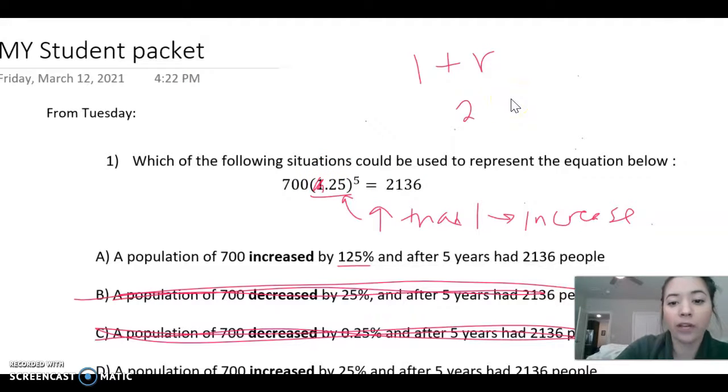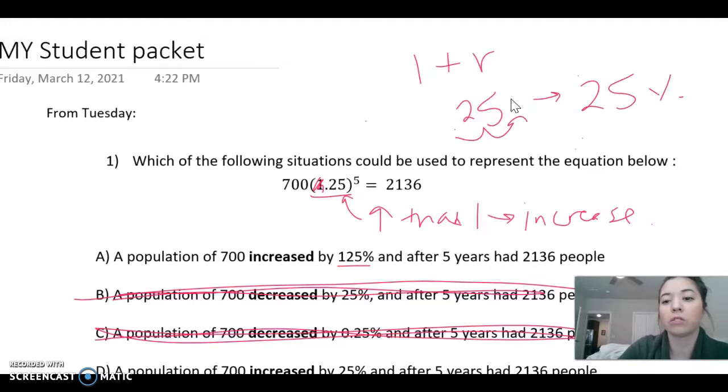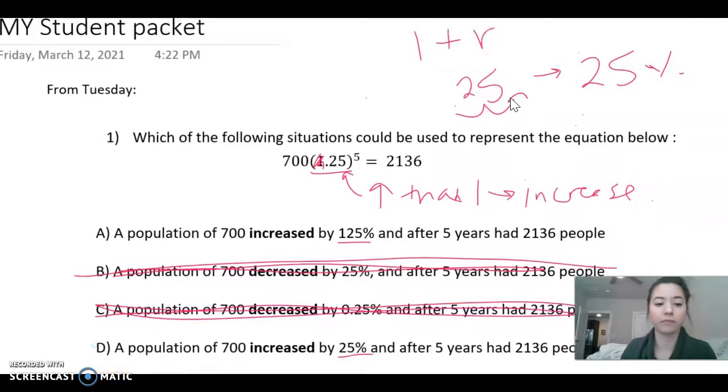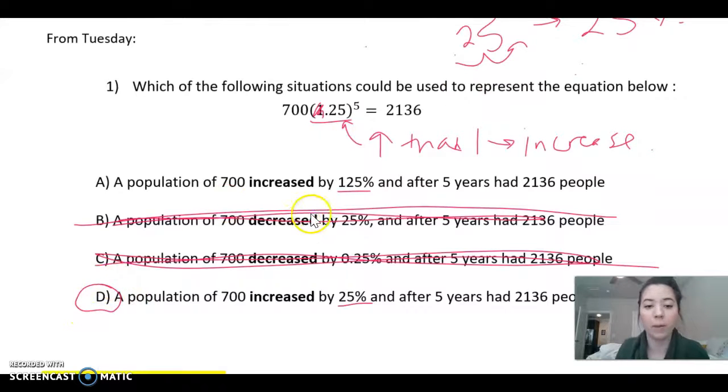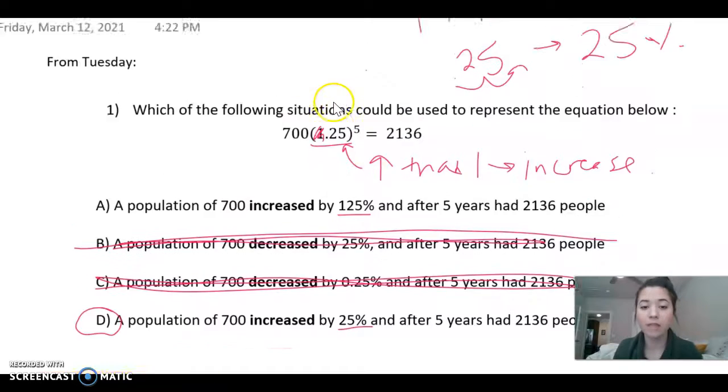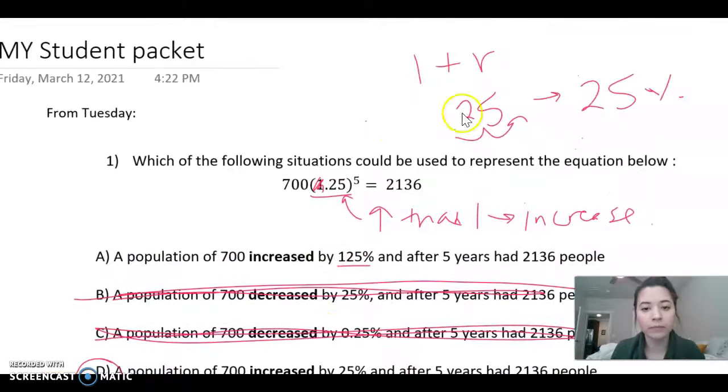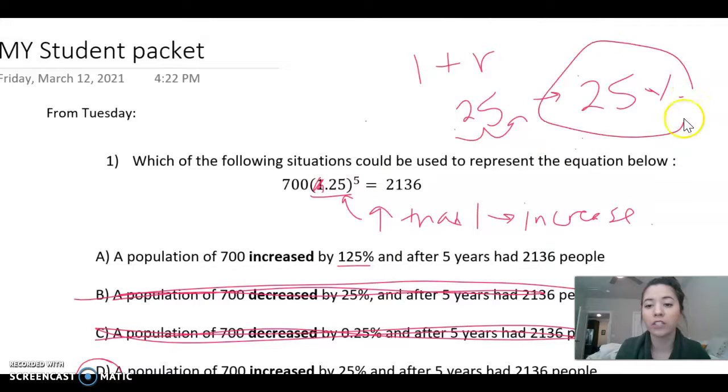And now we're at 0.25 as my rate as a decimal, and we have to move that decimal place back over. So it was 25%. So again, when given a problem like this, state whether it's increase or decrease based on whether this number is greater than 1 or less than 1. And if it's greater than 1, you need to take the 1 away, move that decimal back over to get your percent.